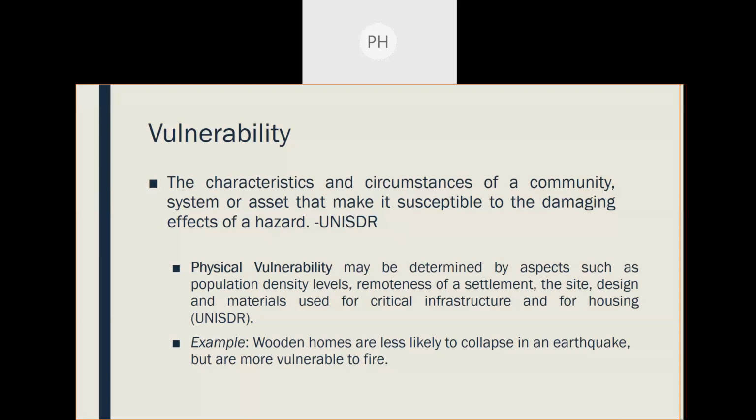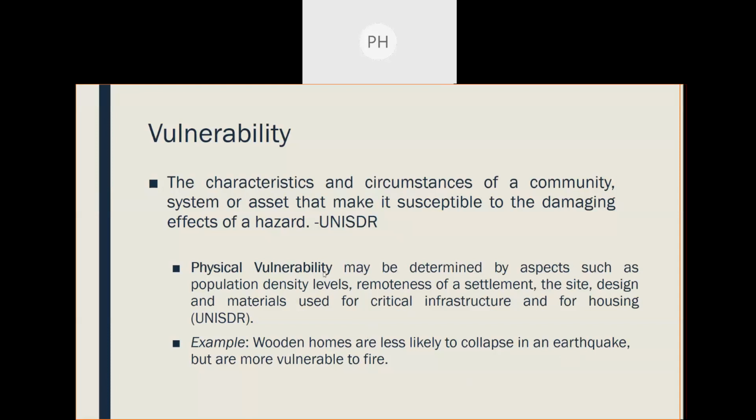Okay, so vulnerability is a very interesting subject, and I assume it will be even more interesting for those from the social sciences because you will see a lot of things and you can connect those into this greater explanation of vulnerability.